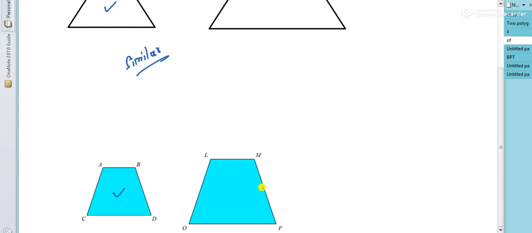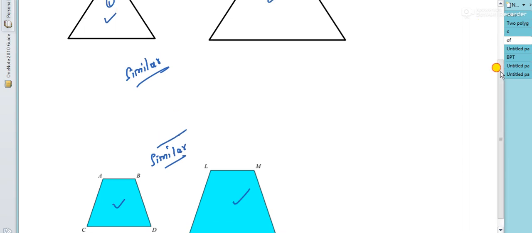A trapezium, A, B, C, D and L, M, N, O. Both of them are trapeziums and they are similar to each other. So I hope you have understood what similar and congruent are, and you can distinguish between congruent and similar figures.